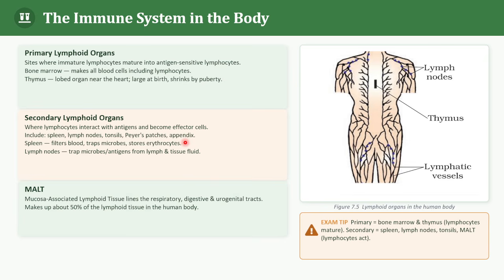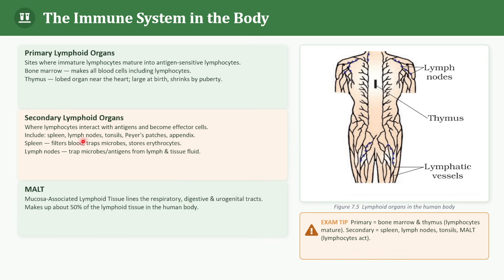Let us study each one. First, the spleen. Think of the spleen as a blood filter. It traps blood-borne microorganisms and also contains a large reservoir of erythrocytes.